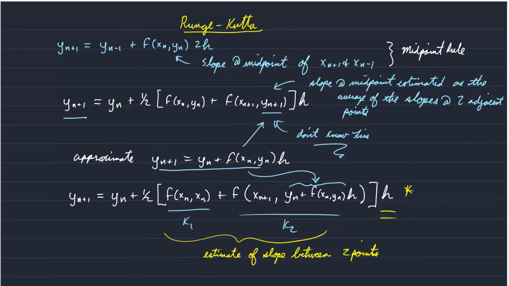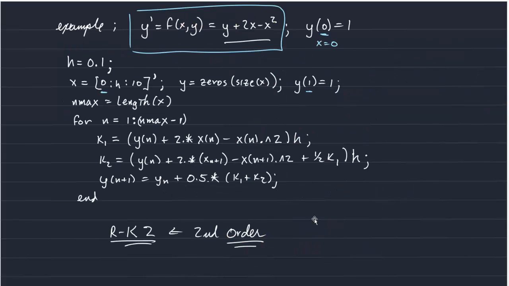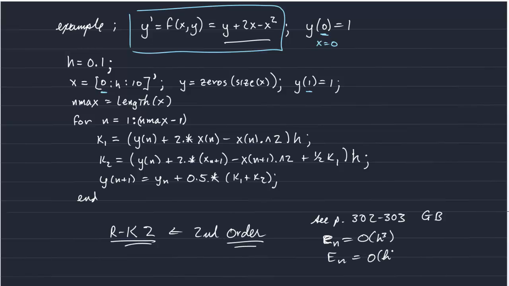And I encourage you to see pages 302 to 303 in Greenberg to see how he directly compares this equation to the Taylor series and shows that the local truncation error is of order h cubed, giving an accumulated truncation error of order h squared.